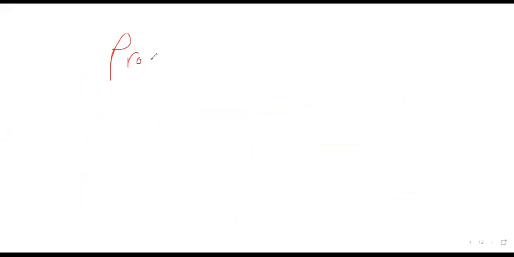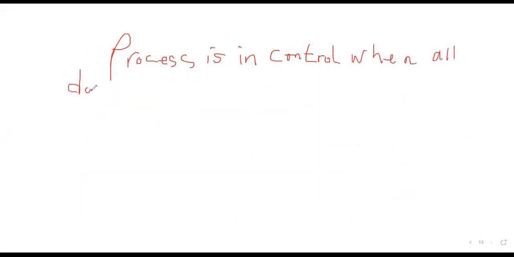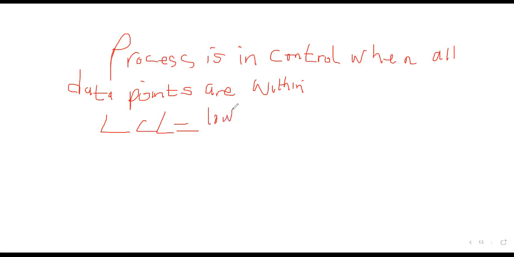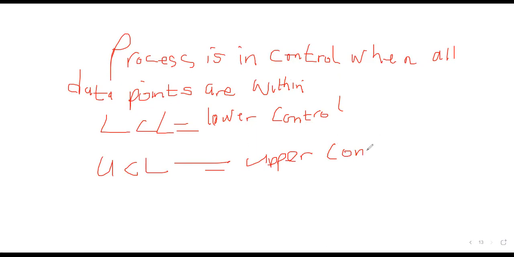We simply say the process is in control when all data points, whichever control chart we look at, are within the lower control limit, LCL, and the upper control limit.